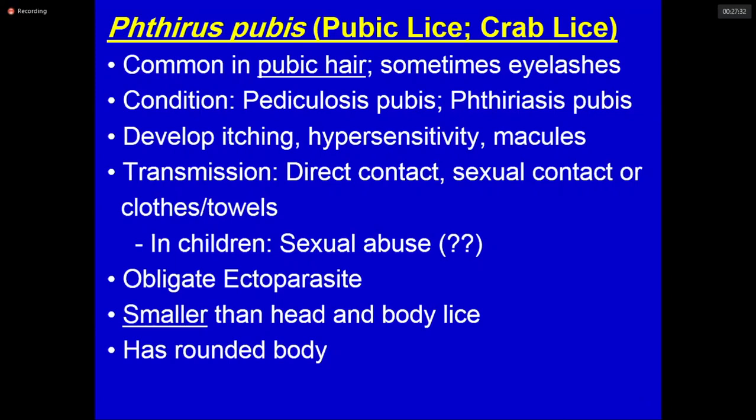This parasite can be transmitted by direct contact or sexual contact. That is why we are studying it with the STDs, or through clothes or towels. If a person uses clothes or towels of other infected people, they may get the condition.